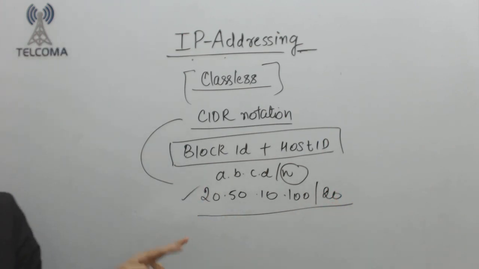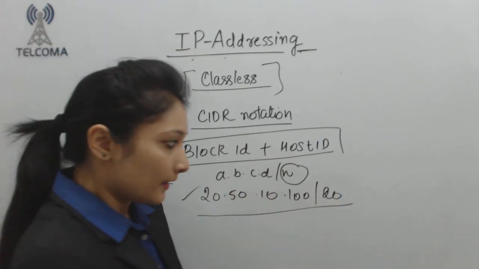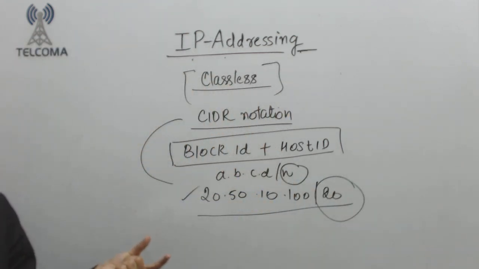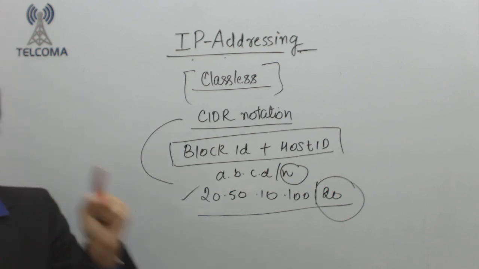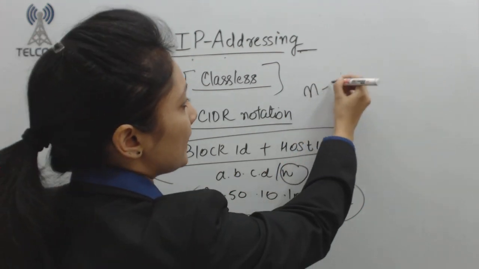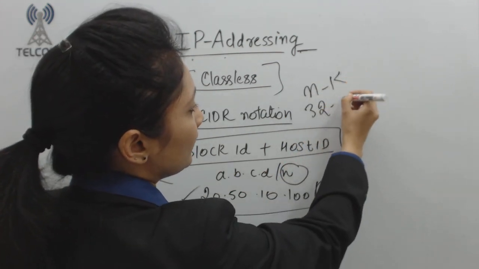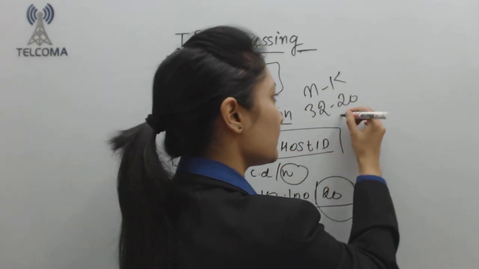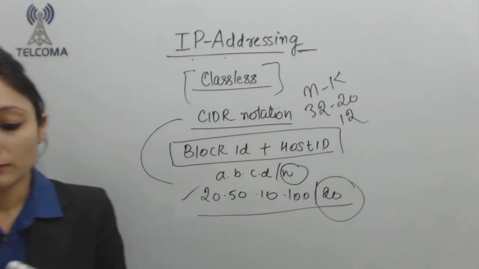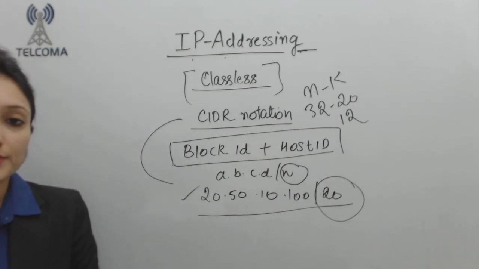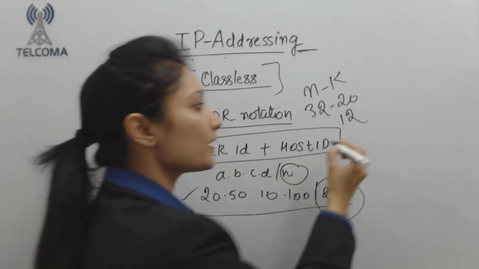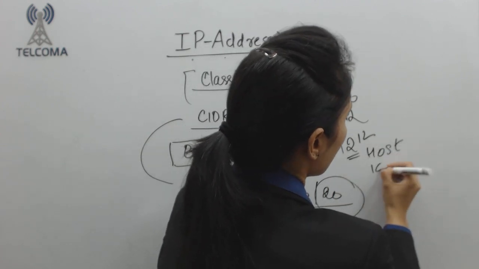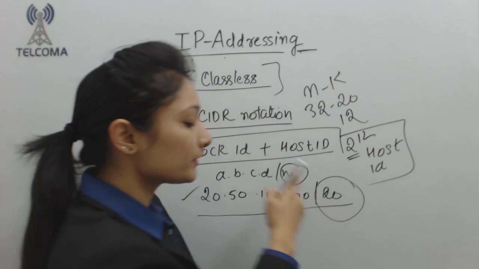The network ID is 20 bits. For the host, we know it is n minus k, 32 minus 20, so we have 12 bits for the host ID. So 2 raised to power 12 is the number of host IDs you will have for this network.